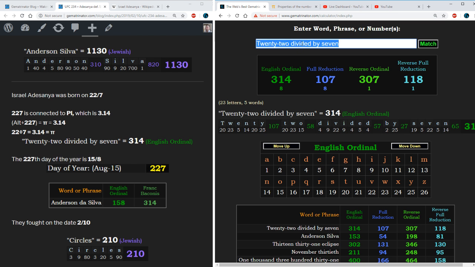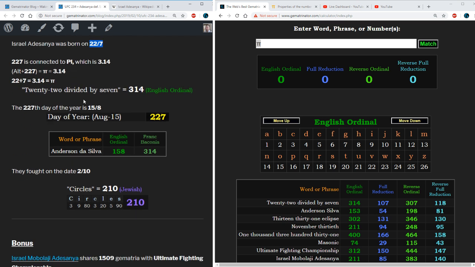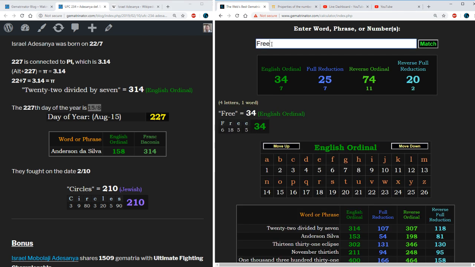If you're using a Windows computer, Alt 227 will give you the pi symbol. So we know that 227 is significant to the circle. The 227th day of the year is August 15th, which is written 15/8 internationally.